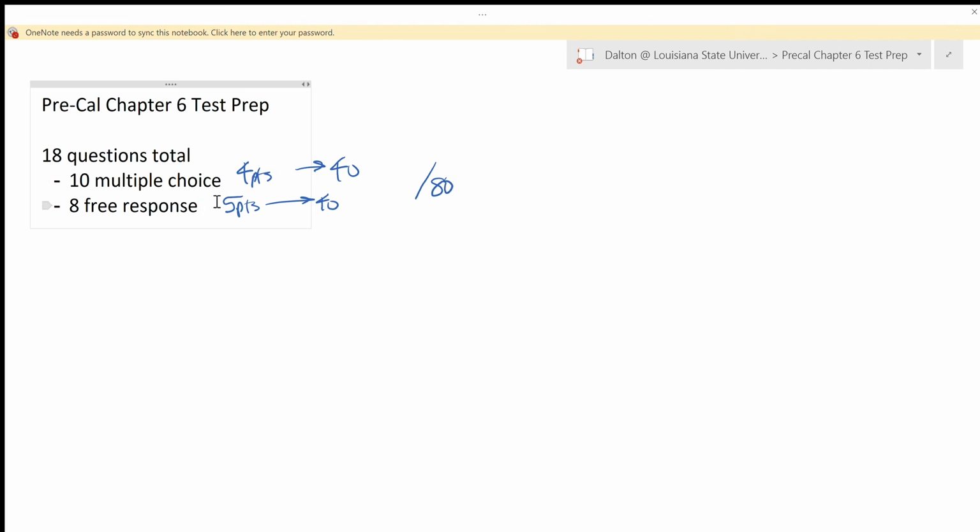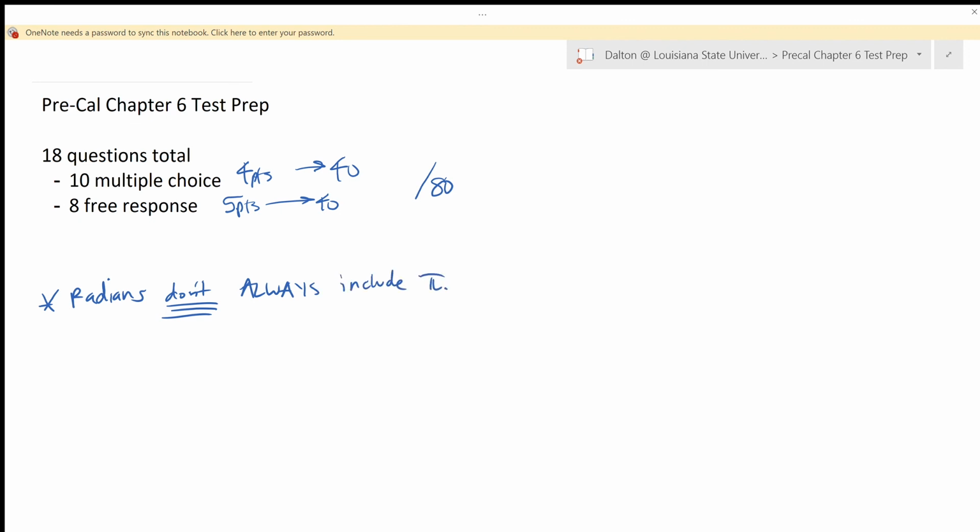This is just going to talk about some topics that I feel like you really need to make sure that you remember, pay attention to, and maybe put forth a little more effort to learn deeper before your test. The first thing that I want to address is that radians don't always include pi.